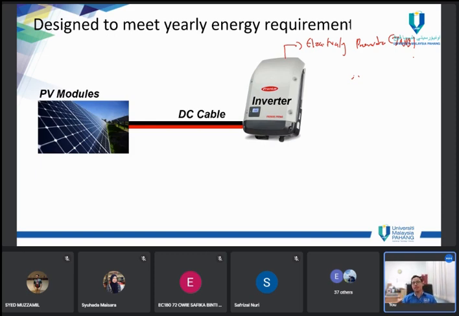Between the module and the inverter, of course, we have the highway, which we call the DC cables, because a PV system is DC based. After the inverter, it inverts to AC and is exported to the TNB grid. Okay, it's clear. So we have PV modules, DC cable and the inverter. All the equations will be related to these things.